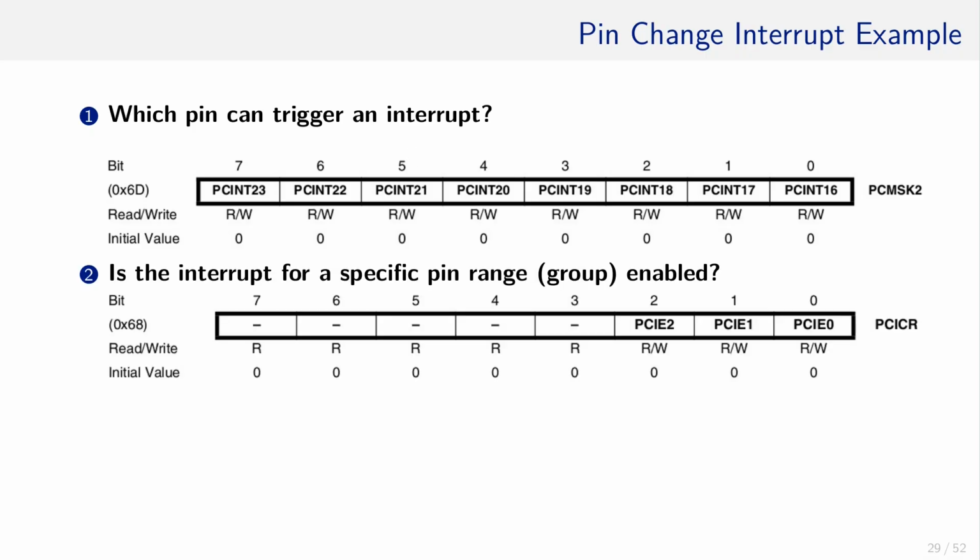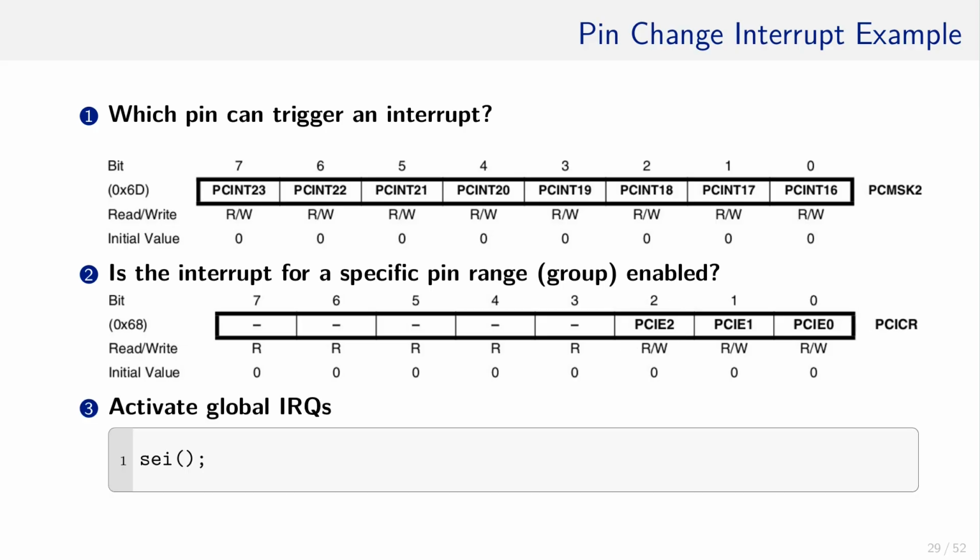In addition, we have to enable the group in which PCInt 20 and 21 are located. In this case, it will be PCIE2. And the global interrupt requests need to be enabled as well.